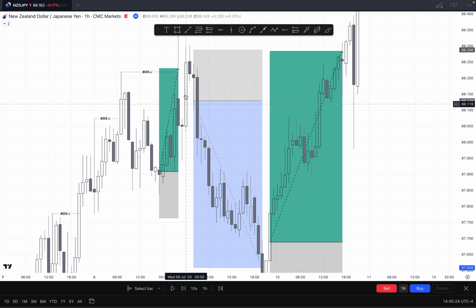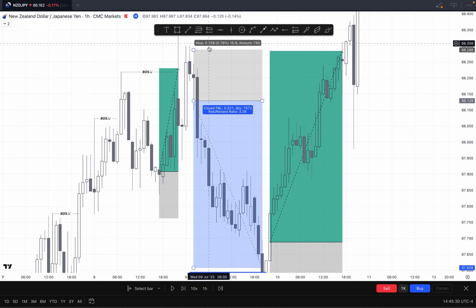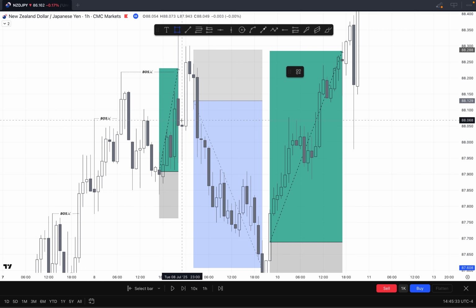We got the fair value gap, but the market completely violated it, because once entered here, we would have to wait for some form of confirmation.